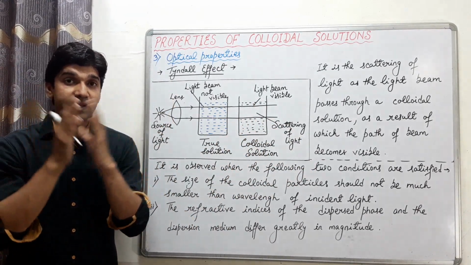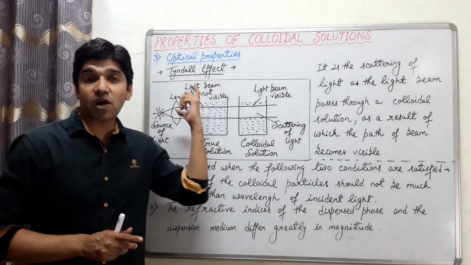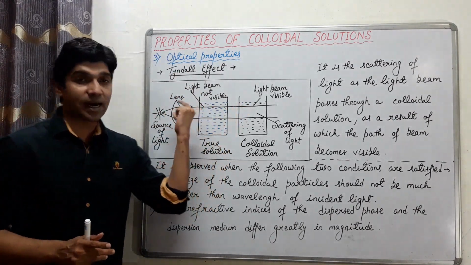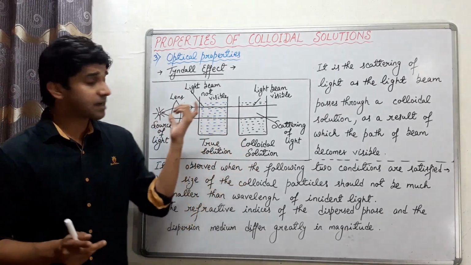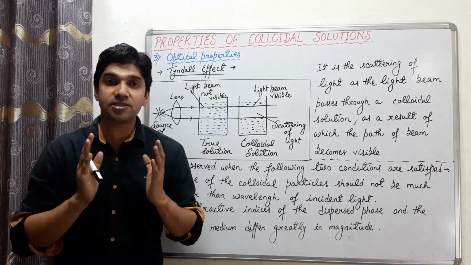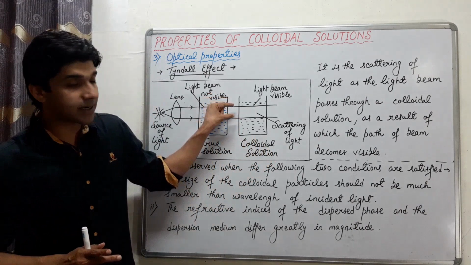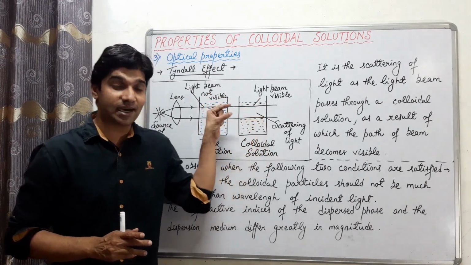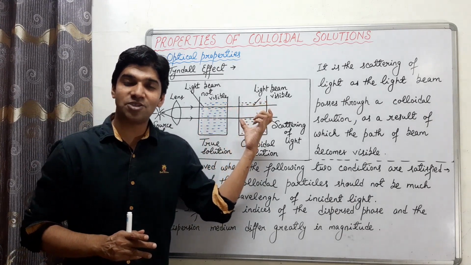And when the light beam is allowed to pass through the true solution, then the path of the light beam is not visible. कि लाइट बीम कहां से पास हो रही है ना, inside the true solution, वो हमें विजिबल नहीं होती है. But the same path of light becomes visible when it passes through the colloidal solution. कि यहां से लाइट कहां से पास हो रही है ना, inside the colloidal solution we can see the path of the light inside the colloidal solution.